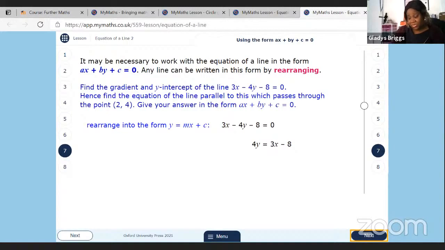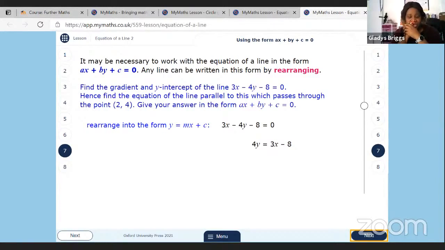Ax plus by plus c is equal to 0. So y is equal to negative 9x plus 11. Yeah, okay.